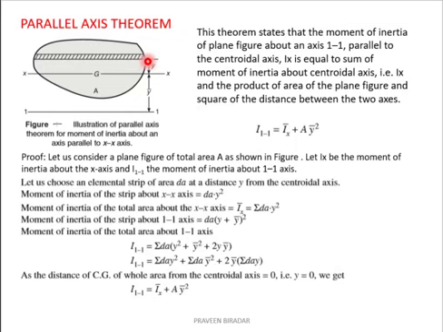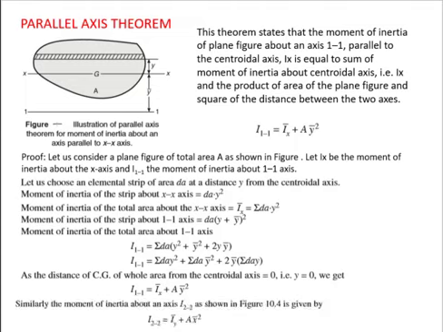So moment of inertia of the total area about the x-axis is Ix equal to summation of dA into y square. Moment of inertia of the strip about the 1, 1 axis is dA into (y plus y bar) square. So moment of inertia of the total area about the 1, 1 axis will be I11. After substituting and solving, I get I11 equal to Ix plus A into y square. So this is the proof of the parallel axis theorem.